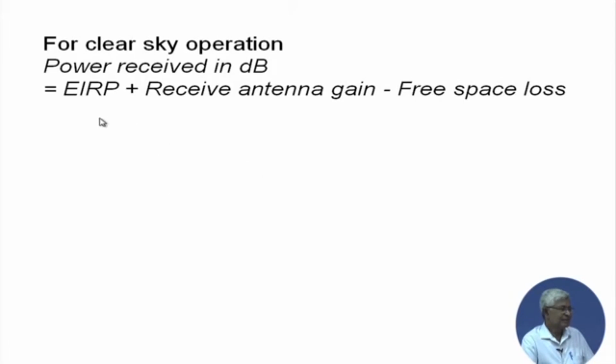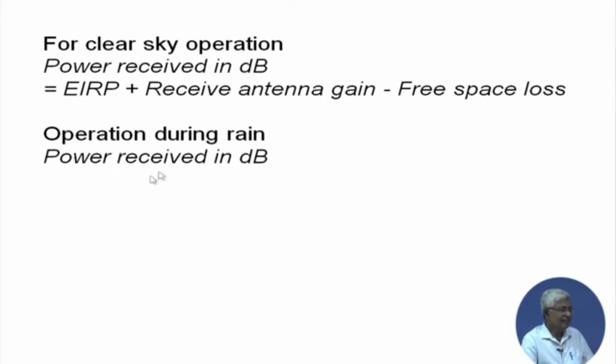So, let us go a little deeper, and see in clear sky operation what really happens to our signal, what happens to our EIRP and G by T. The power received in dB is what is transmitted, that is EIRP, plus of course the receive antenna gain, minus free space loss, and this is in clear sky, there is no rain.